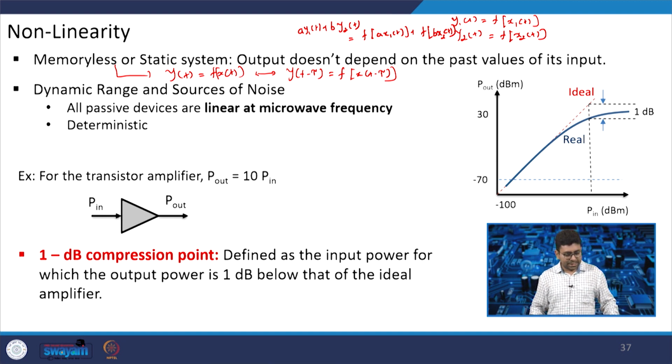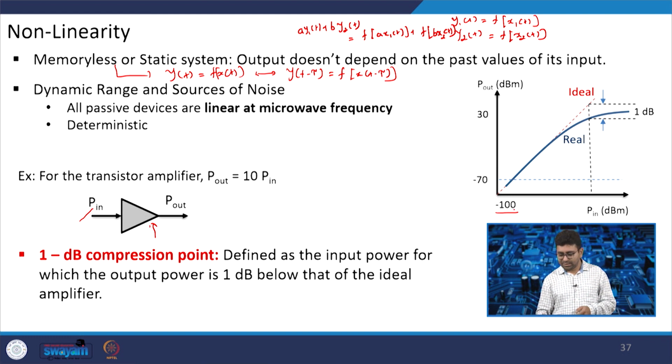Now, dynamic range and sources of noise. Suppose this is an amplifier and we increase the input power level. In this example, I have minus 100 dBm of input and I start increasing the power.